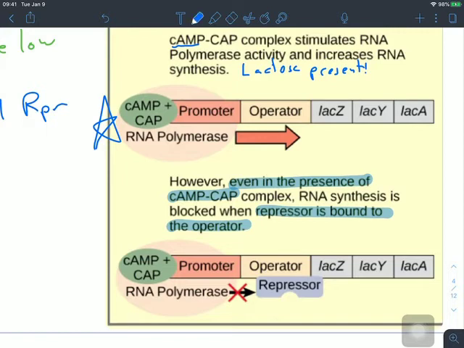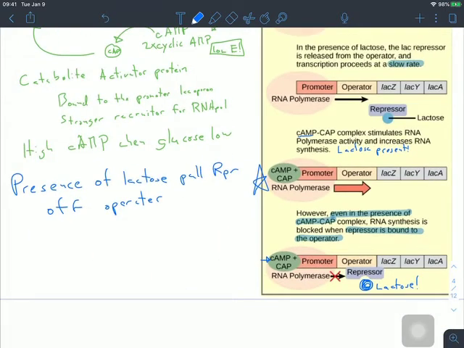Even if the cell desperately needs energy, as indicated by CAP-cAMP, the repressor is going to keep things bound up until it finds its good energy source with lactose. If you don't have lactose, don't make the structural genes. Conserve your energy. Things are getting tough.